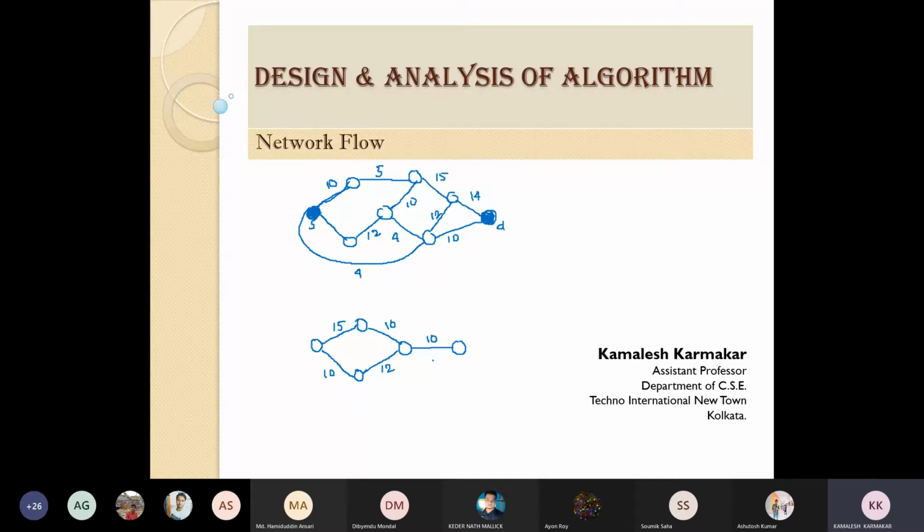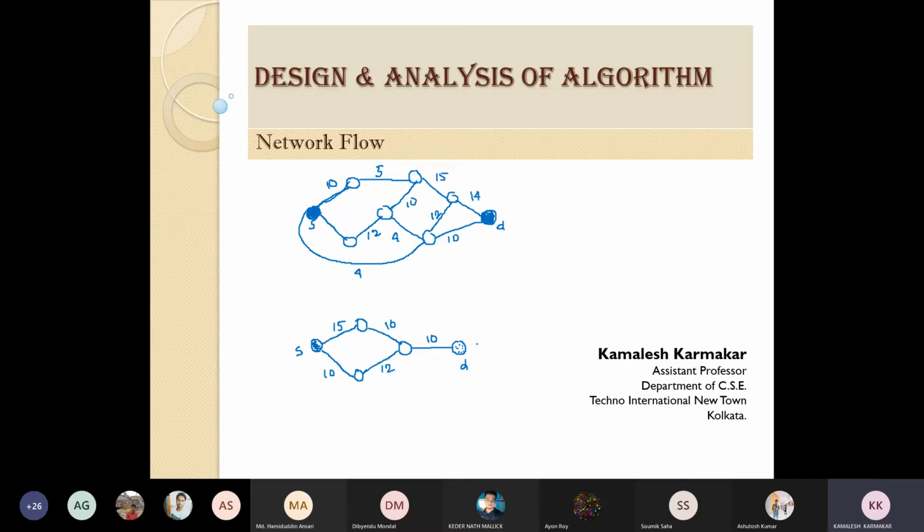This is the starting node and this is the destination. What will be the maximum flow from this source to sink?